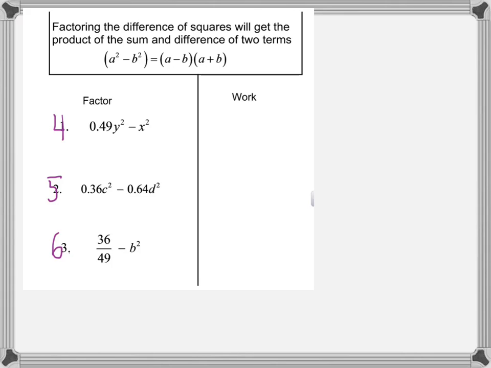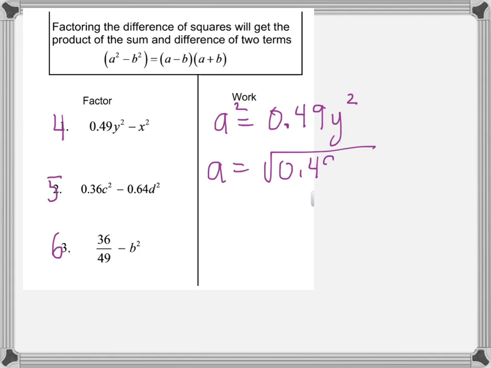Okay, so our a squared term in this situation is 0.49y squared. So our a term must be the square root of that. That's the same as the square root of 0.49 times y squared. So I'm breaking this product up.